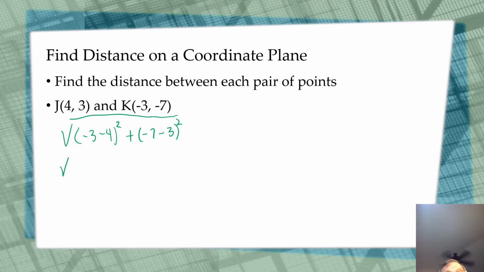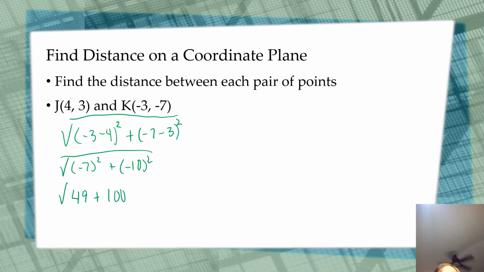And let's see, -3 minus 4, that's going to be -7 squared, plus -7 minus 3 again is -10 squared. And -7 squared, -7 times -7 is 49. And -10 squared, -10 times -10 is 100.